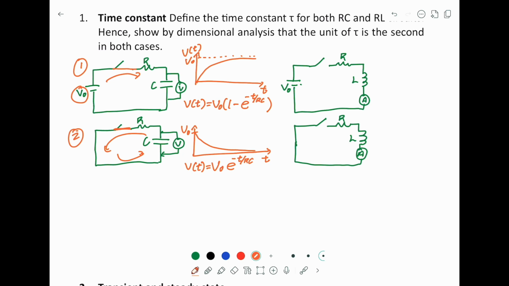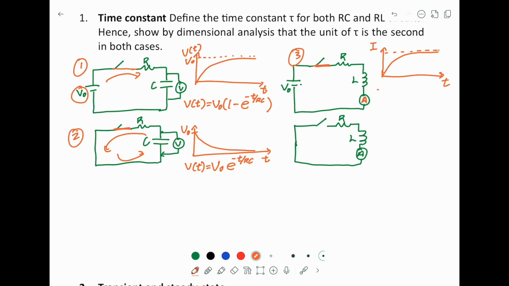Okay, next, number three. If you have an inductor and a resistor, now when the switch is closed, this time we measure the current. This is t, and the current passing through the inductor will rise like this.